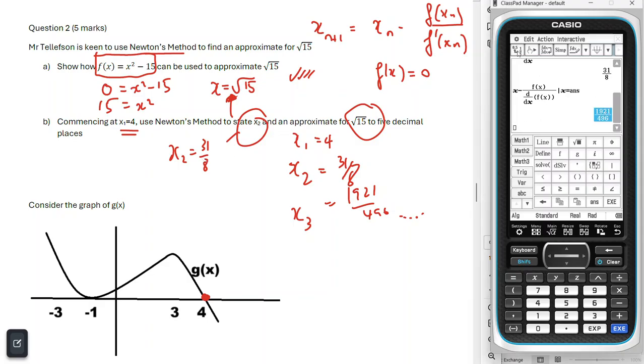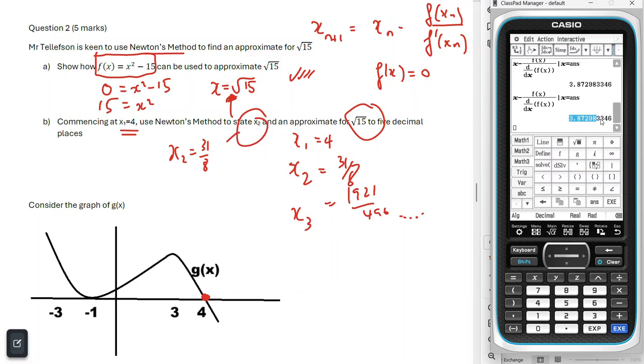And I might do some decimalisation now. We'll go to 5 decimal places: 3.87298, and pressing it again, 3.87298, 33. So 3.87298 will be my answer to 5 decimal places because it's not going to change.